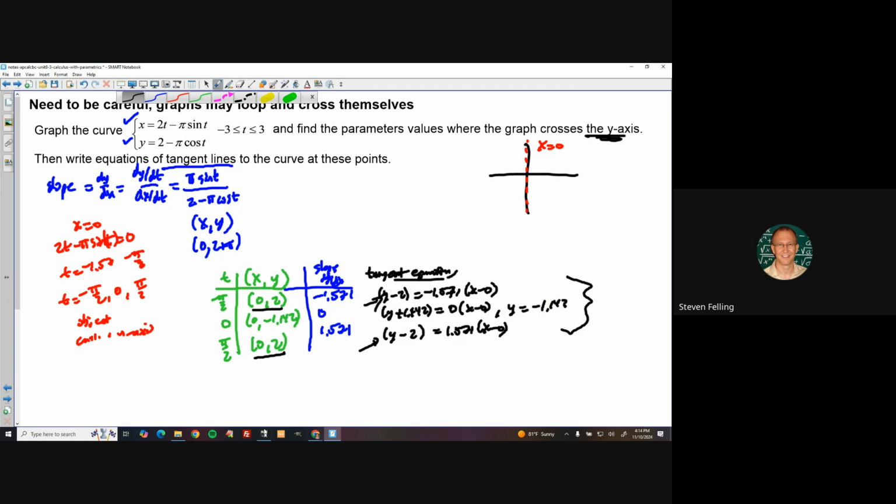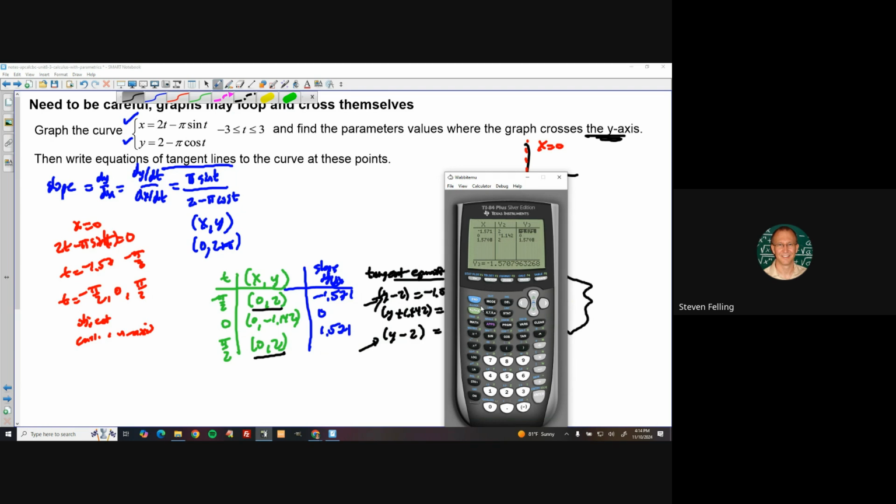We could go to parametric mode, and graph the equations by entering 2t minus pi times sine of t for the x, and for y it is 2 minus pi times cosine of the parameter. And that's not there, the square. Let's get rid of that.